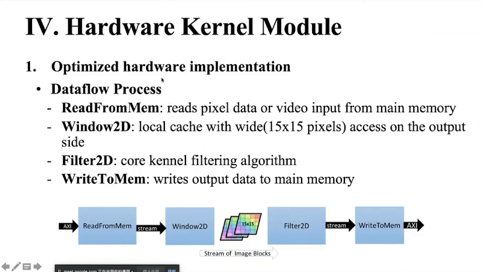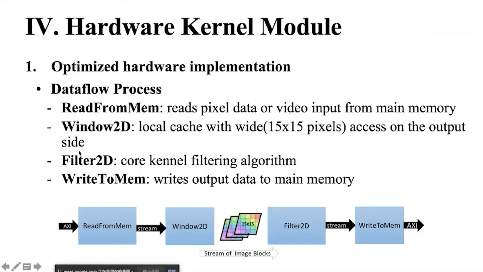This process is, first we read the input pixel from memory, and then we use this function, window 2D, to cache some input values. This function relates to the data mover, and I will introduce it later.